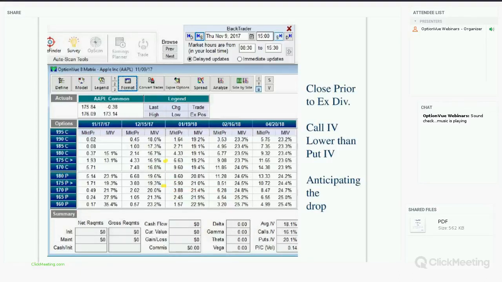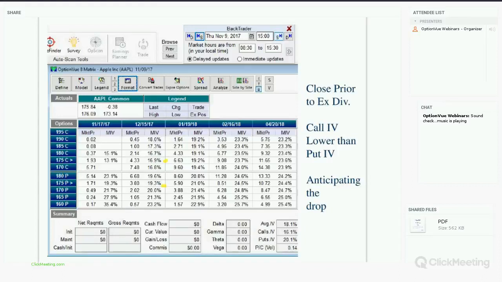There is an expectation that this stock is going to decline in price because of the dividend, and that's being reflected in the options here, where the puts have a much higher implied volatility than the calls. The calls are cheaper than the puts because of this coming up move to the downside.